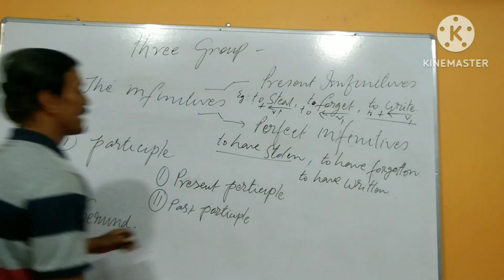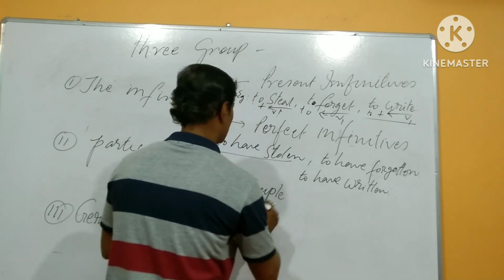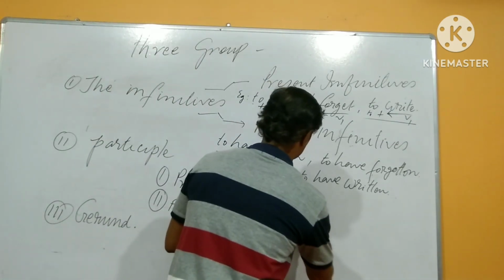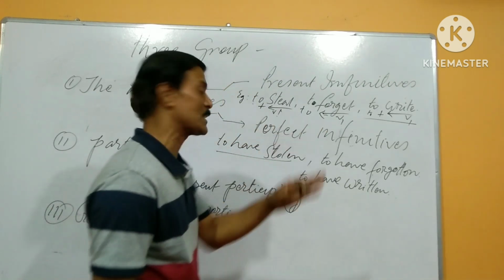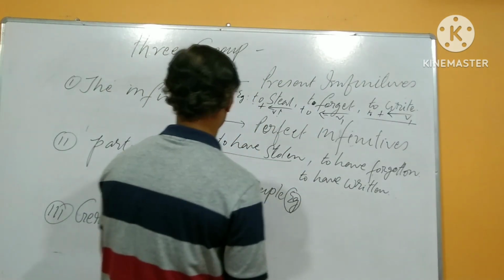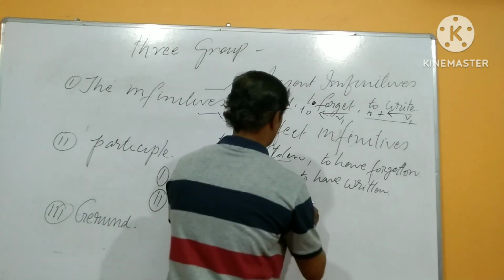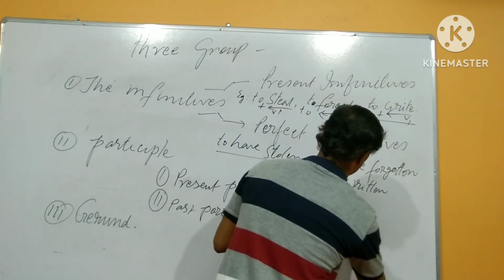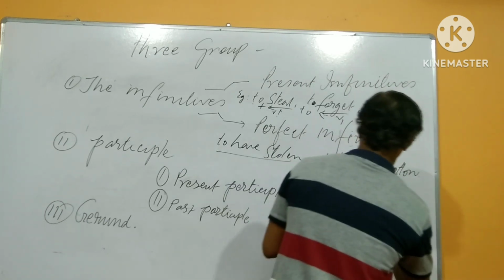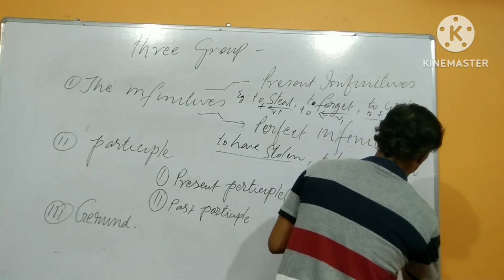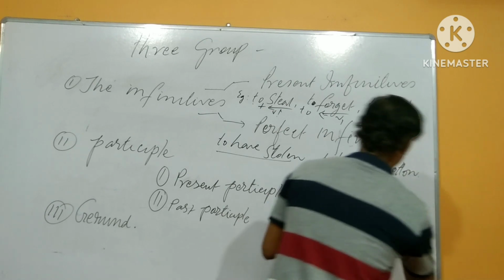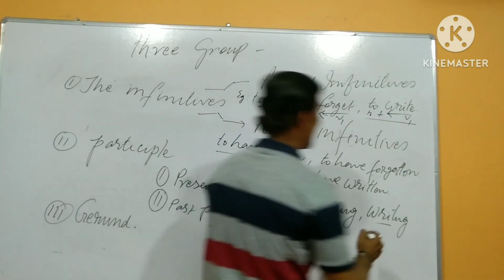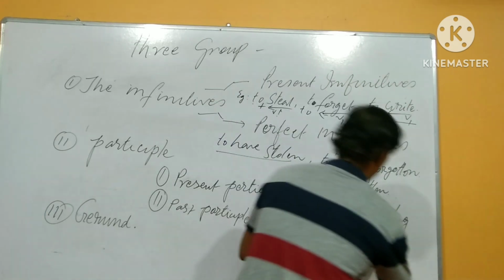Participle: at least I will give an example, then it will be understood. After finishing, I will start the other discussion. Present participle: stealing, and writing, verb write plus ing, writing, and forgetting.